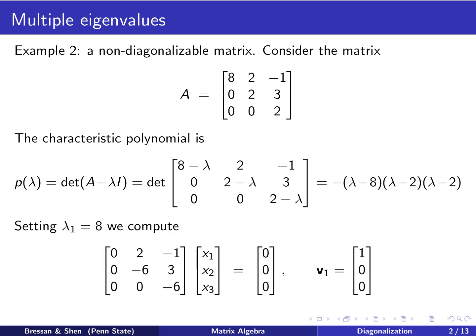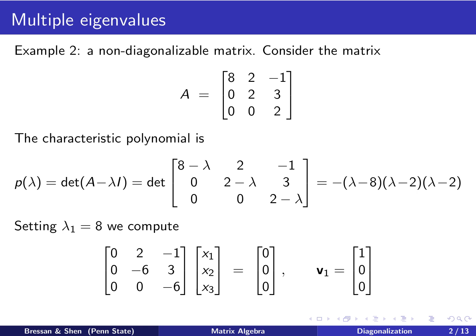We are now interested in finding the eigenvectors. For lambda 1, which is 8, a single eigenvalue, the calculation can be done in the similar way that we have done all the time.